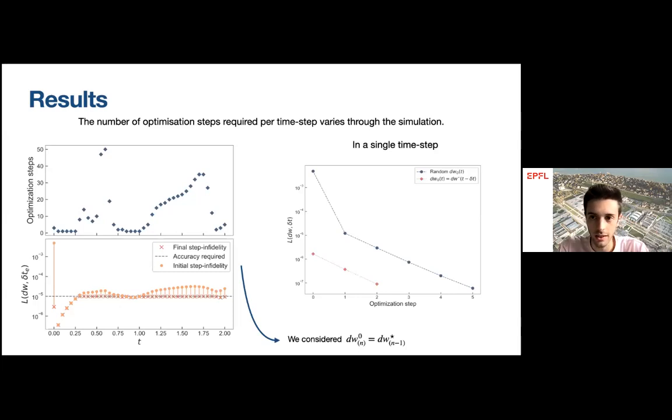If you look at a single time step, we see that, basically, using this optimal choice, the error function, the loss function, is more or less 10 to the minus 6, which is already below the threshold. So this is optimal, does not require any optimization, and we can proceed to the next step.